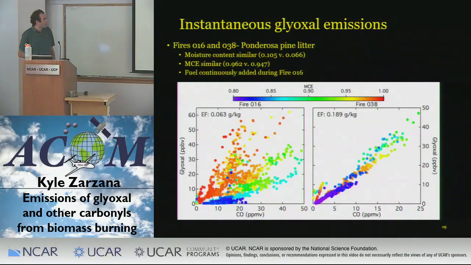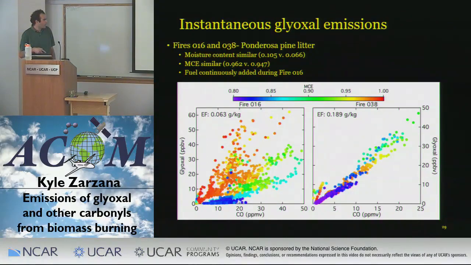For some of these other, again, just looking at the instantaneous emission ratios, this is Fire 16 and Fire 38, which are both ponderosa pine litter. They had very similar moisture contents, very dry fuels, very similar MCEs, but they had very different instantaneous behaviors. This is glyoxal versus CO for these two fires. And the main difference is that in Fire 16, we were continuously adding fuel because we were trying to fill up one of the chambers that was there.